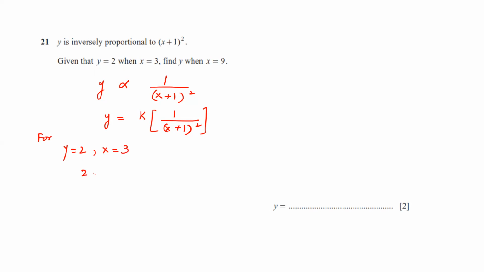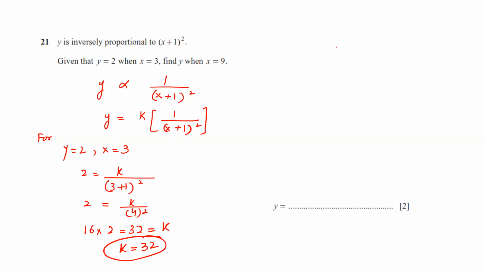So 2 equals k over (3 plus 1) whole square. The value of k will be 2 times 16, which is equal to 32. So the value of k is 32.